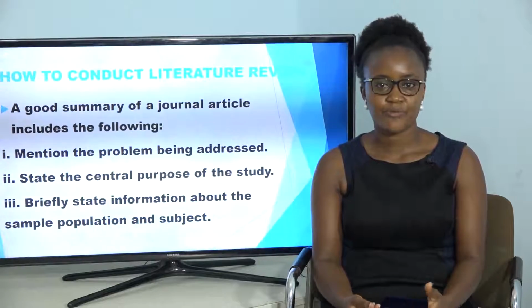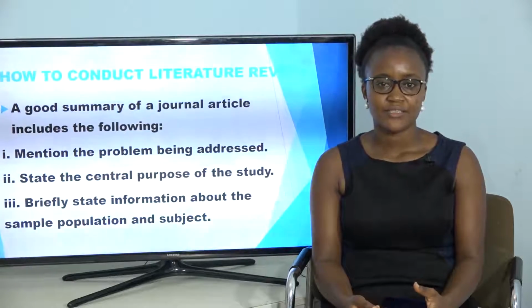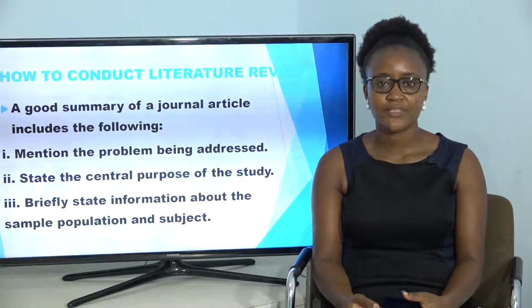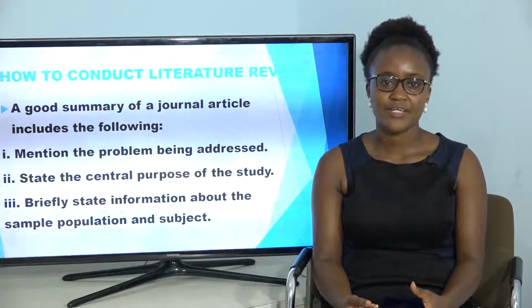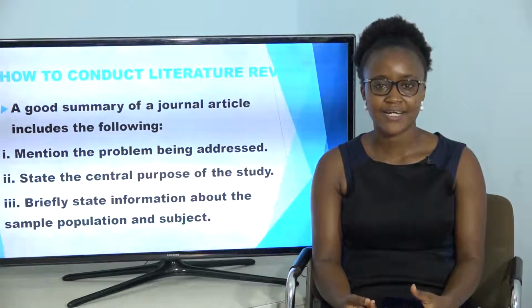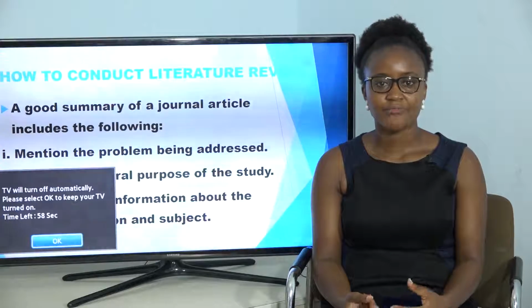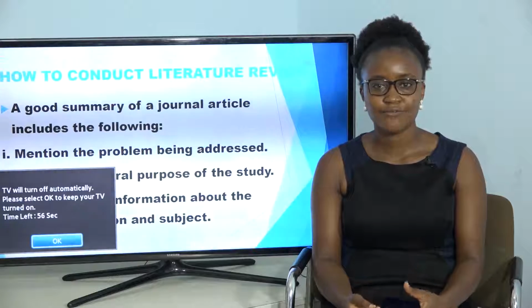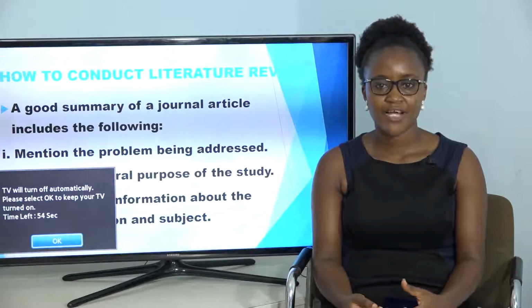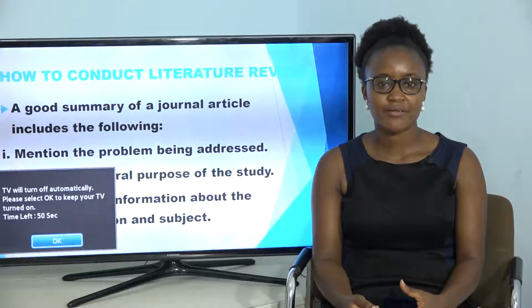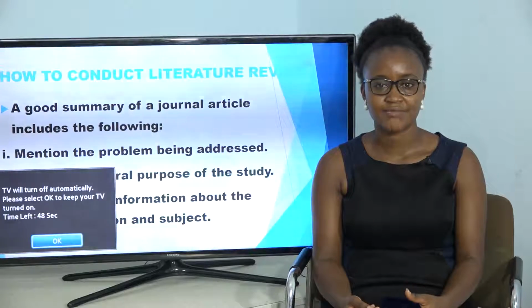So that may be the problem being addressed, the problem someone has identified. So the purpose of the study would have been to find out the information-seeking behavior of pastors in Ghana or of pastors in Accra. And probably the setting will be pastors of charismatic churches. So you state the information about the sample population and subject.